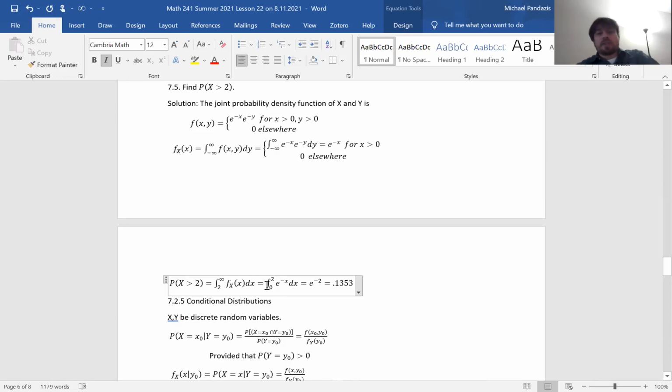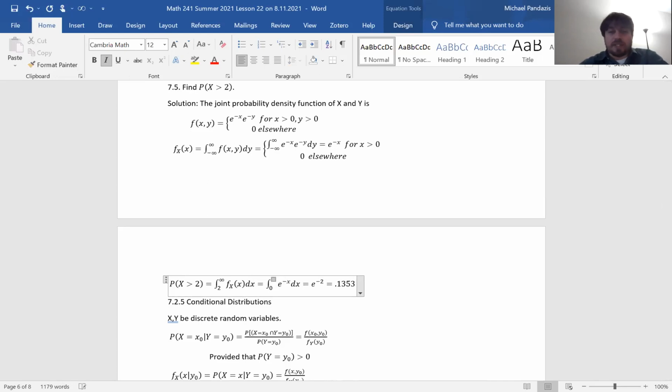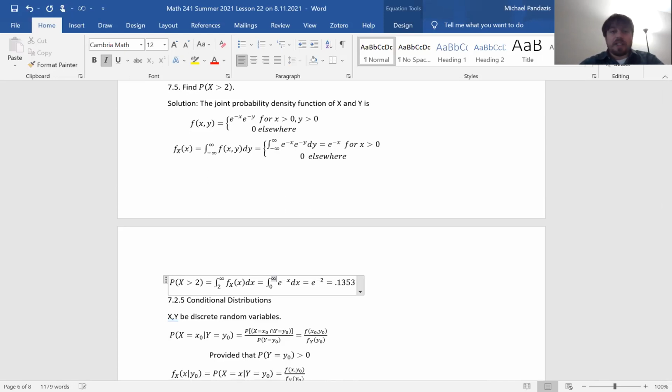X greater than 2. So then, there are two ways I could do this, adding to 1 minus this, but I'm not going to do that. I'm going to put infinity here. So it's from 2 to infinity of e to negative x dx.